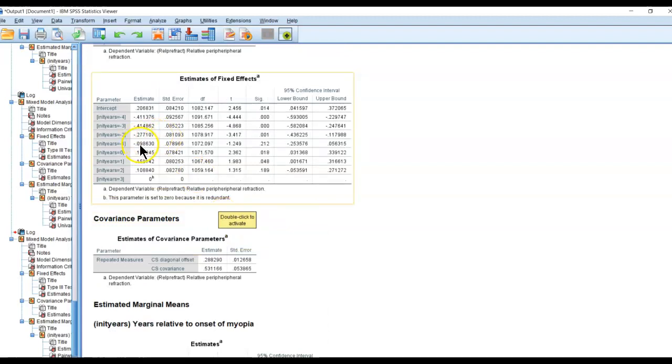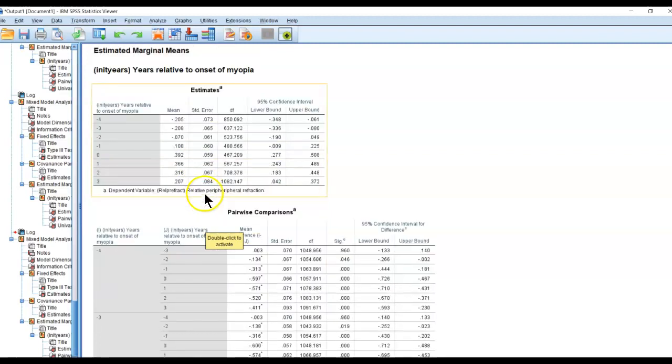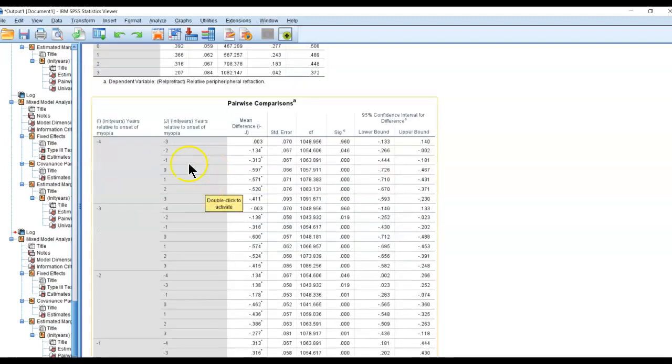And then for year 0, it's 0.1852 plus 0.20, so 0.21, let's say, 21 and 19 is 0.40. And we come down here and see that's pretty close to that. So these are the estimates. Do not use these standard errors for computing confidence intervals. We'll get to that later.